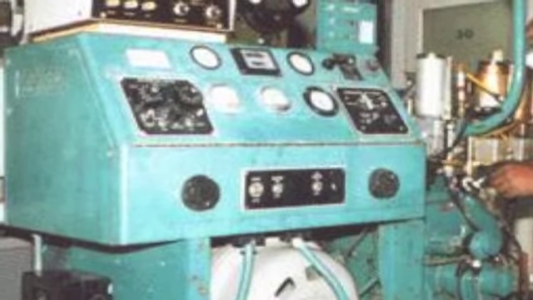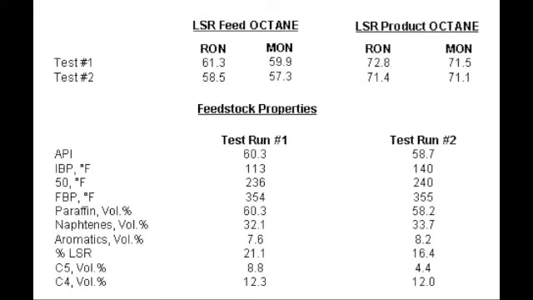Motor octane number testing uses a similar test engine to that used in RON testing, but with a preheated fuel mixture, a higher engine speed, and a variable ignition timing to further stress the fuel's knock resistance. Because the composition of the fuel differs, the MON of a modern gasoline will be about 8 to 10 points lower than the RON, but there is no direct link between RON and MON testing.